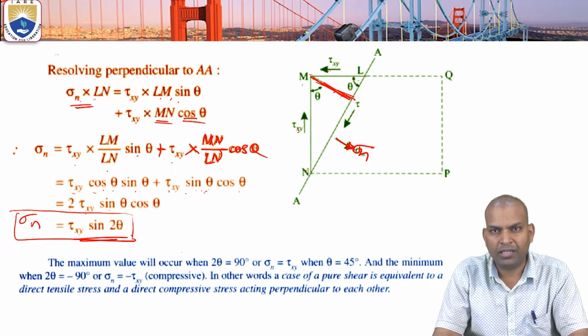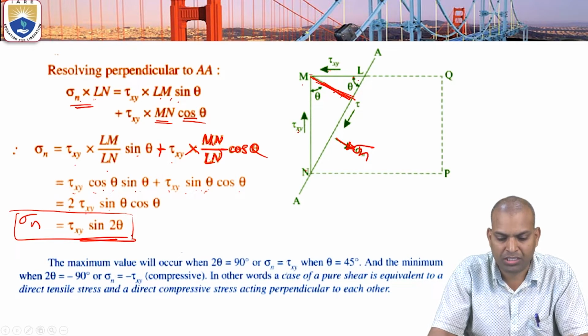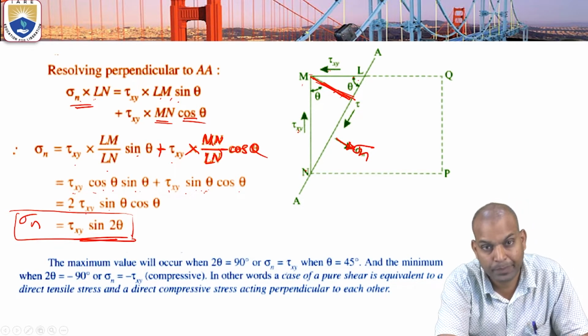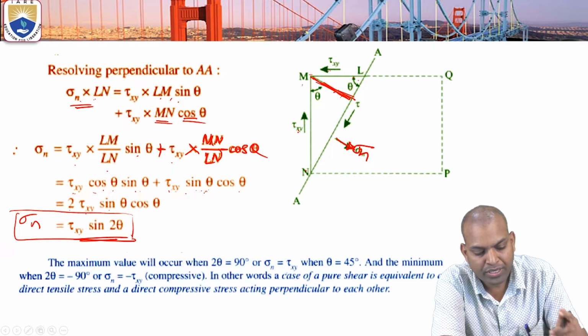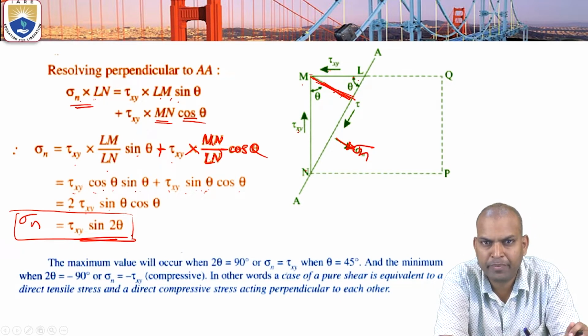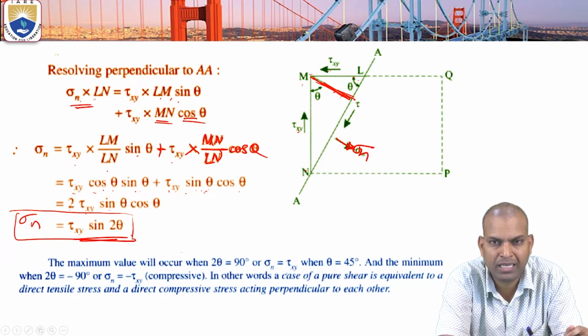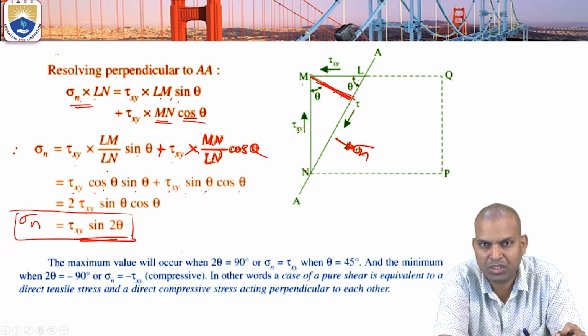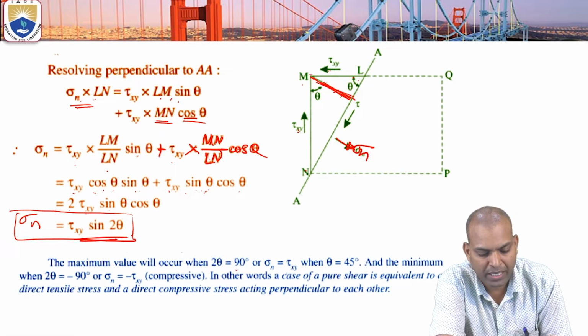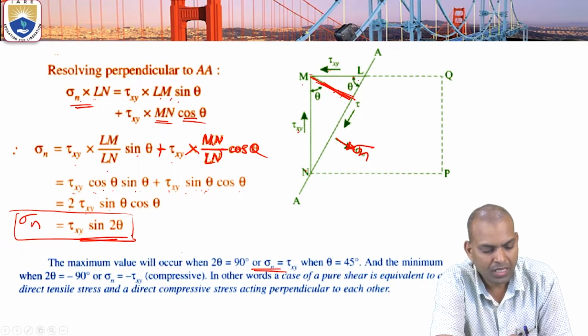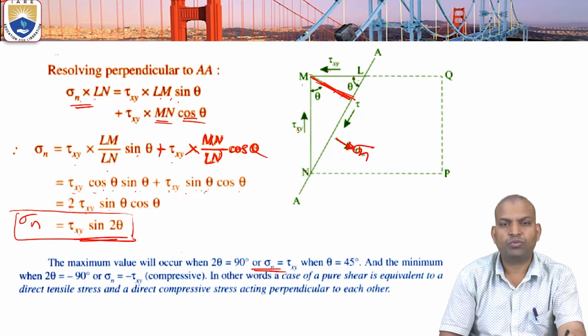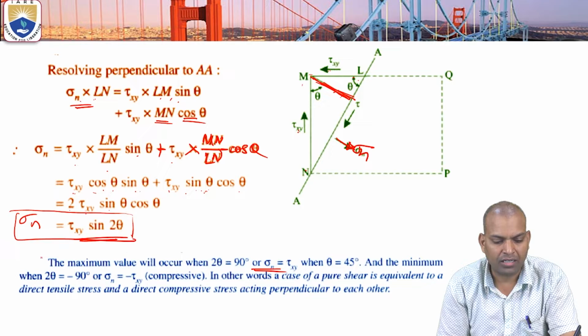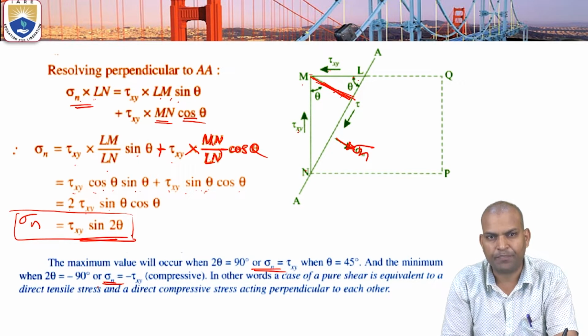This is what we resolved perpendicular to the cross section, or perpendicular to the sectional plane AA. Now, to find the maximum value of sigma n, when theta equal to 45, sigma n equals tau xy. And the minimum, when 2 theta equal to minus 90, sigma n equals minus tau xy.